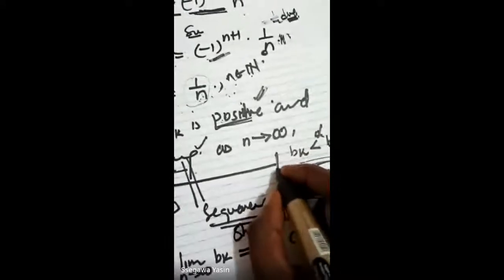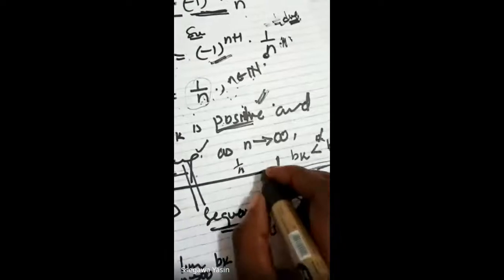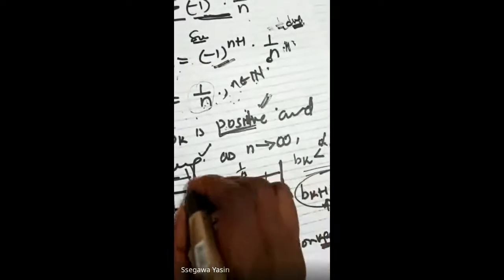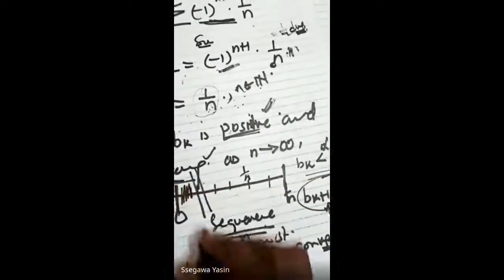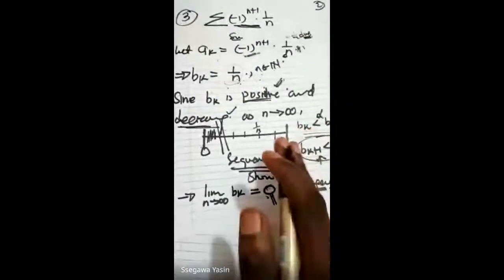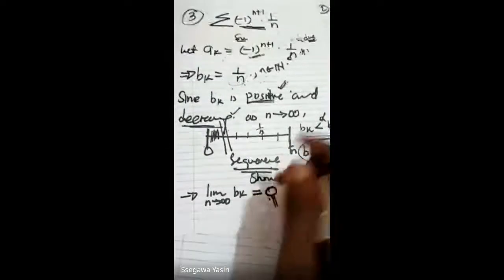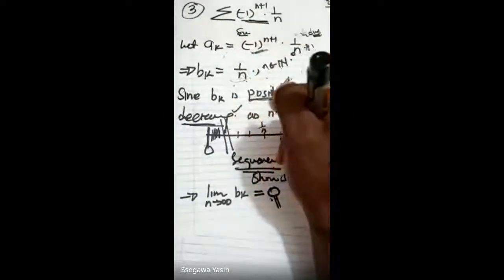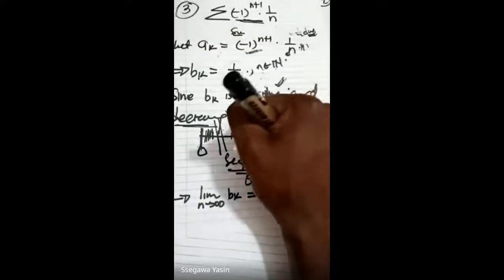I was showing you that when you put 1 over n, the first one will be 1. These values will keep decreasing, but it will camouflage within there. So when you take the limit of 1 over n, it will be 0. I was summarizing for you what you should present in case it is a question. You have to look for b_n. You must confirm that it is positive, which can be seen by the eyes.